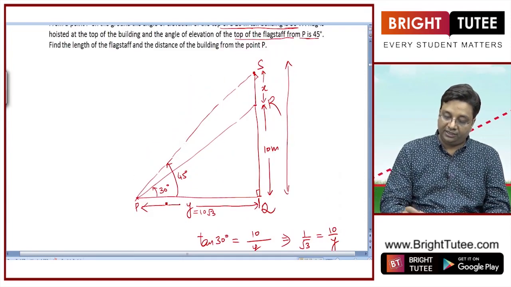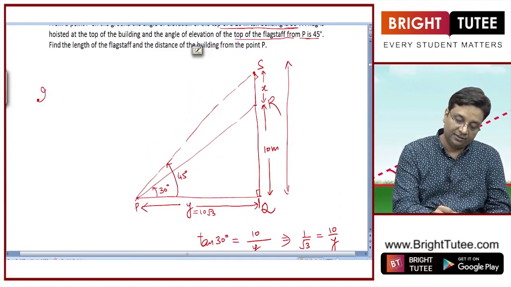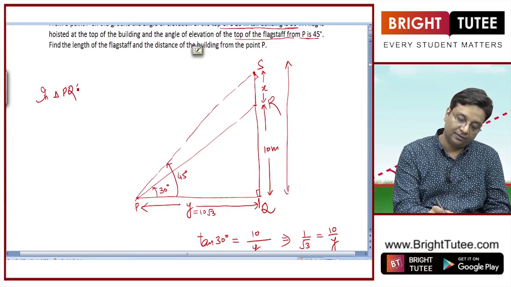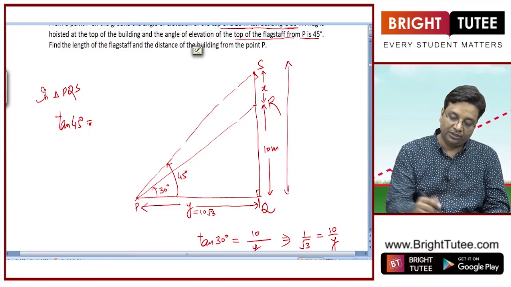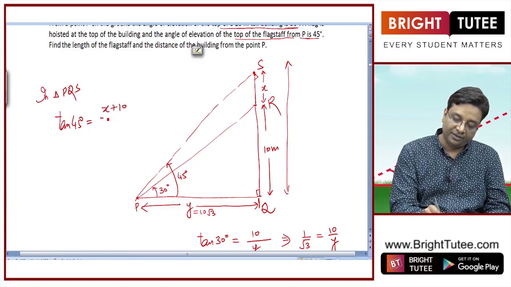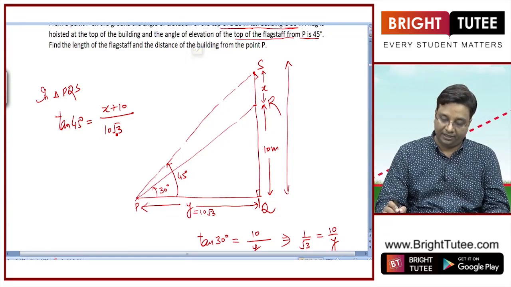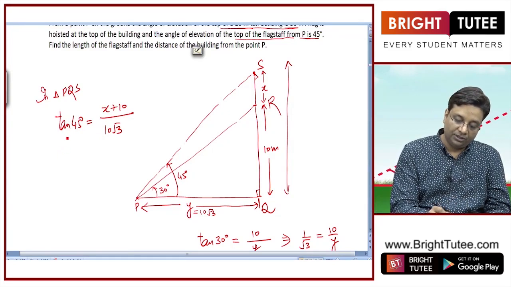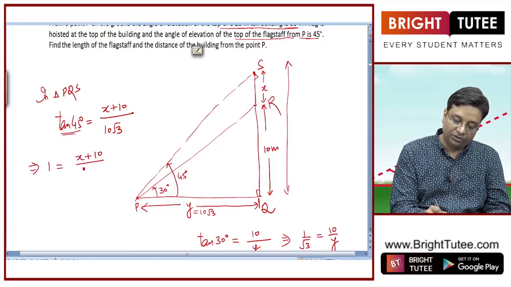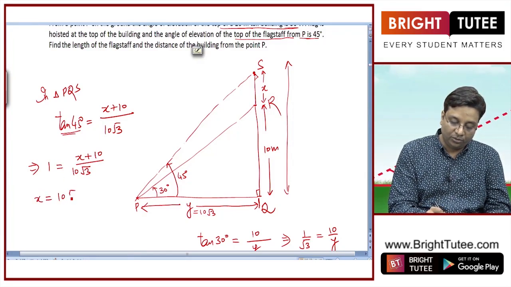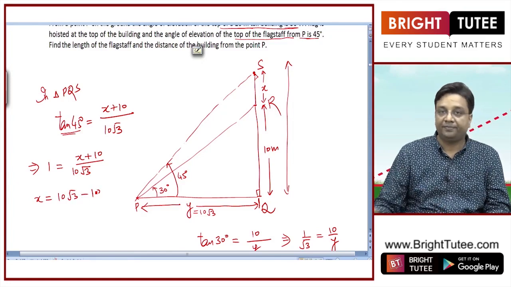So in this triangle PQS, tan 45 degrees is equal to opposite, which is x plus 10, by adjacent, which is 10 root 3, right? So tan 45 is equal to 1. So x plus 10 by 10 root 3 is equal to 1. Hence I can say that x is equal to 10 root 3 minus 10.